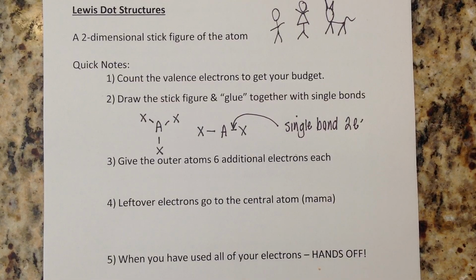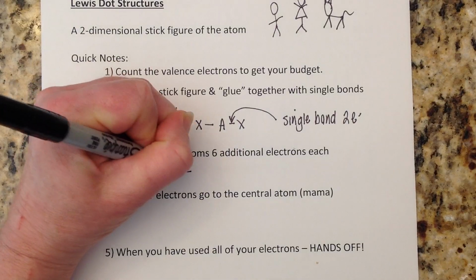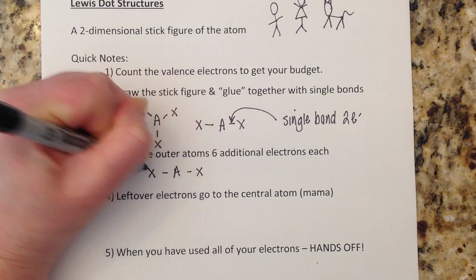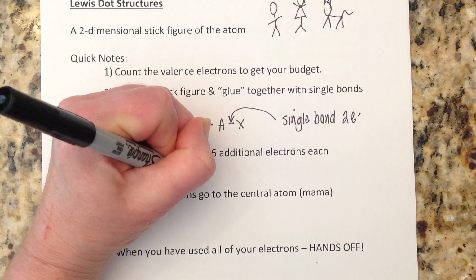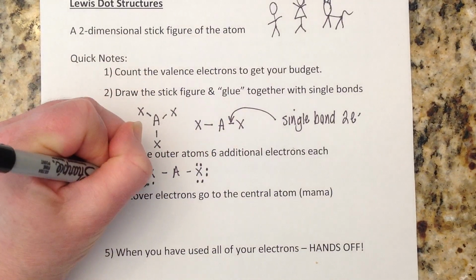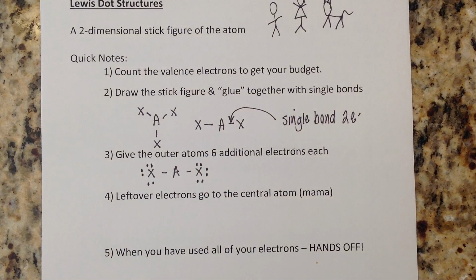The next thing we're going to do is give all of our outer atoms 6 additional electrons. So for example, if we had something that looked like this, we're basically going to give these outer atoms 6 more electrons, and we're going to work our way around the molecule. You're going to see a lot of different examples of this.